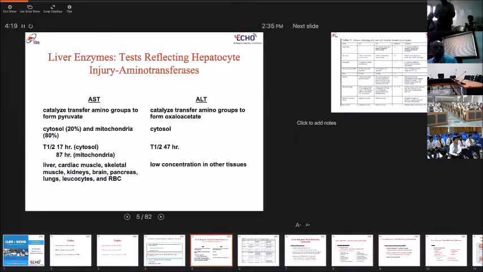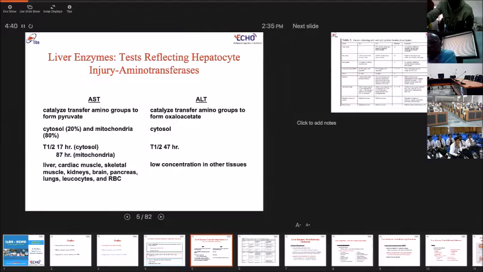The half-life of AST varies: in the cytosol it is 17 hours, and in the mitochondria it is 87 hours. For ALT, it is 47 hours.